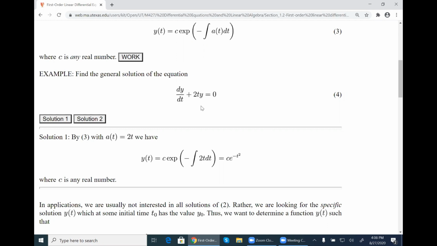Looking at this, we want to find all functions that satisfy the following condition: y prime plus 2ty is equal to 0. So if you replace y by this, first you find the derivative of this, then add 2t times this, you will get 0. I understand that now.